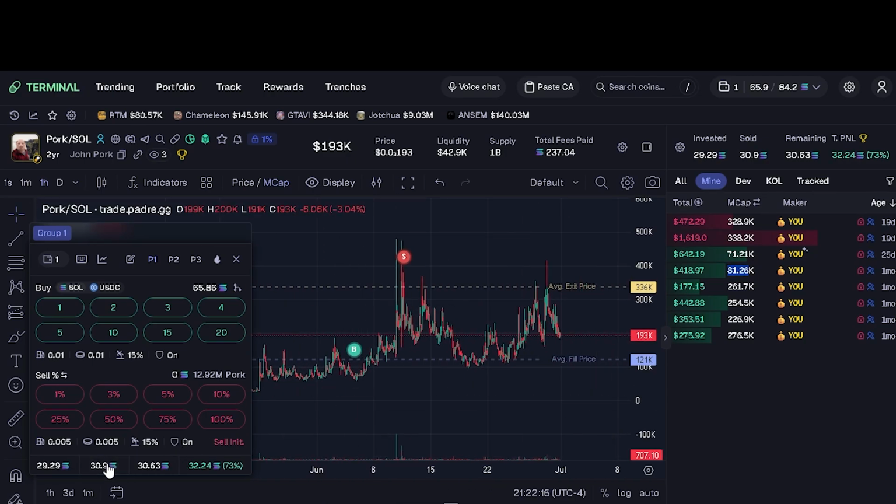And then I pulled out up here once at approximately a 3X from my fill, because my average fill was down at 120K and my average exit is 336K. So at approximately a 2 to 3X, in that range, I took out my money, meaning I get to keep a large percent of my investment. And this is basically the house's money at this point.